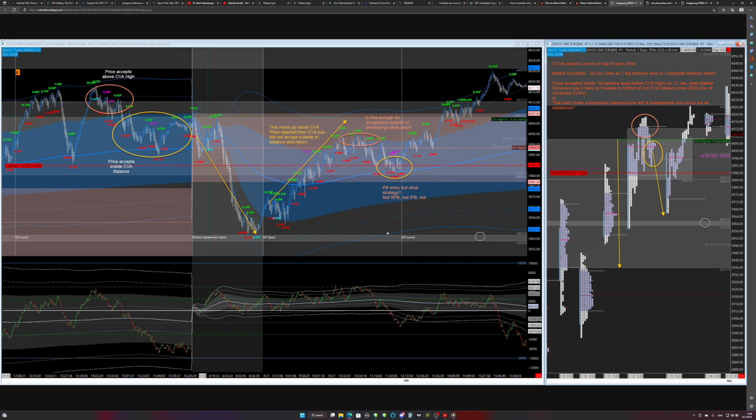You don't have the previous day value area high, value area low. I would have done at the time, but I probably updated it, so I didn't redraw them. But you can see it on the TPO on the right. You can see the line across, which is just above.